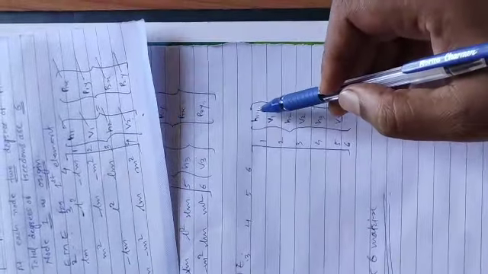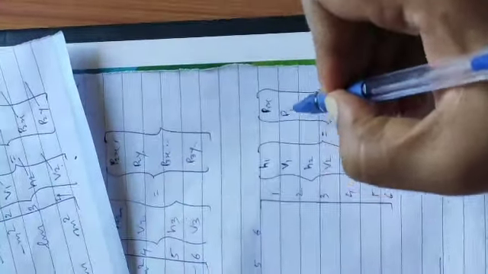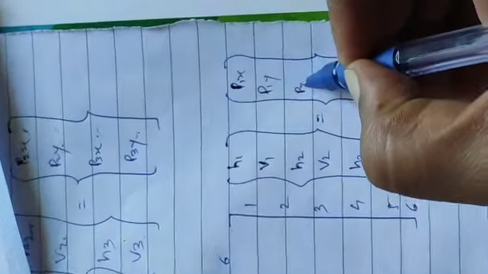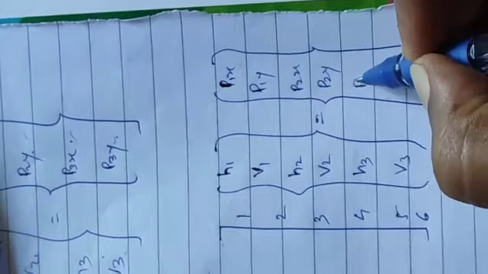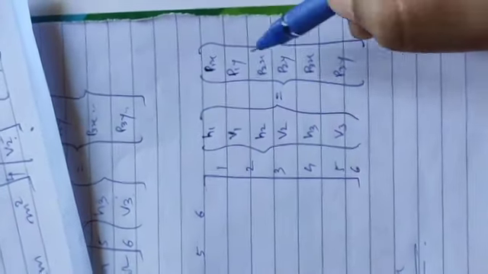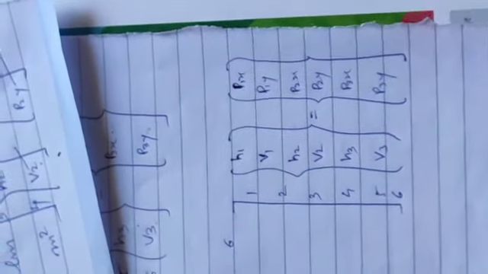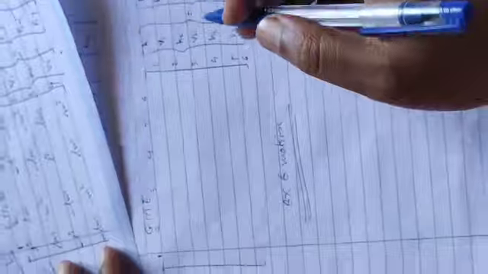Total 3 horizontal displacements and 3 vertical displacements, and secondary variables are p1x, p1y, p2x, p2y, p3x, p3y. Total 6 forces, 3 horizontal and 3 vertical, along x and along y.